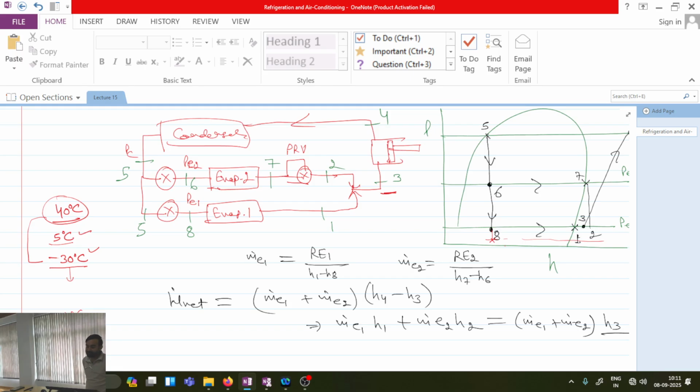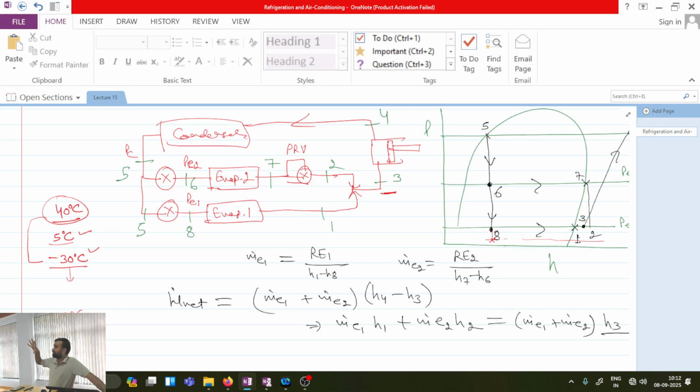So that's why, whenever I am operating with large temperature limits between the evaporator and the condenser, in order to avoid all these issues, we need to change something.